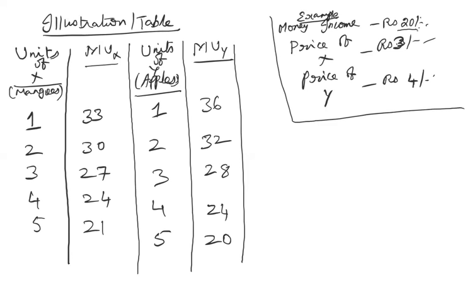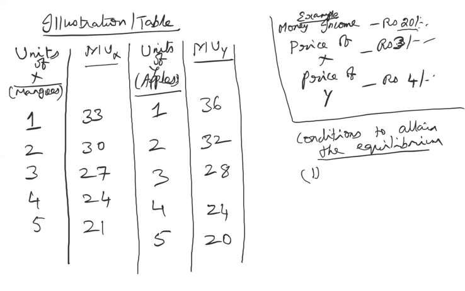There are three conditions to attain the equilibrium position. The first condition is that the marginal utility of commodity X must be equal to the marginal utility of commodity Y. The second condition is that income must be equal to expenditure.